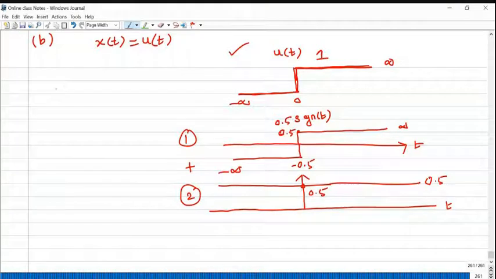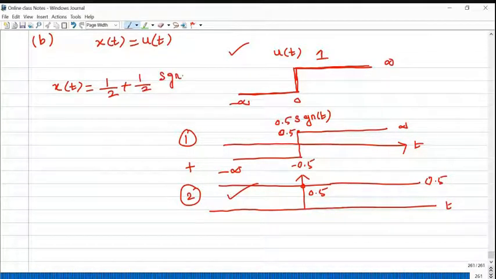So u of t is equal to 1 by 2 plus 1 by 2 of signum function. First rewrite your u of t in terms of signum function plus some constant value. If you add these two, you will get u of t.